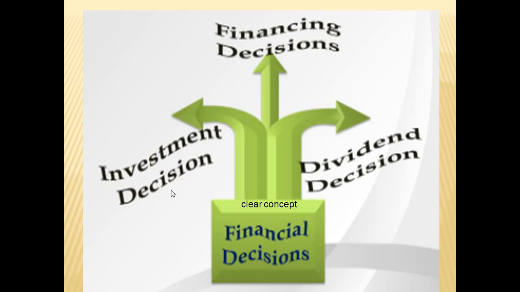For example, replacement of an existing machine, acquiring a new fixed asset, or opening a new branch, etc. All these involve long-term investment. These decisions normally involve a huge amount of investment and they affect the earning capacity of the business. Therefore, these decisions are to be taken with utmost care.